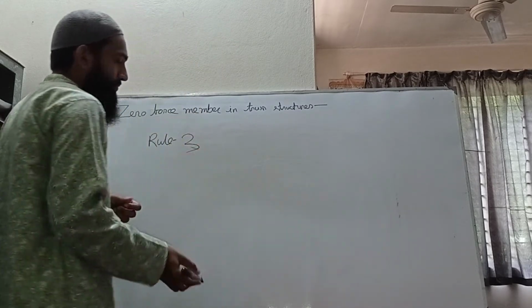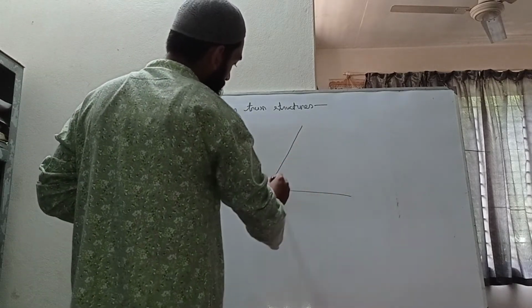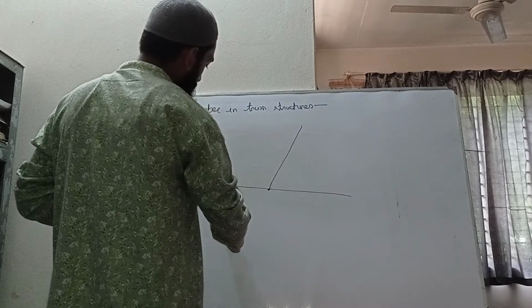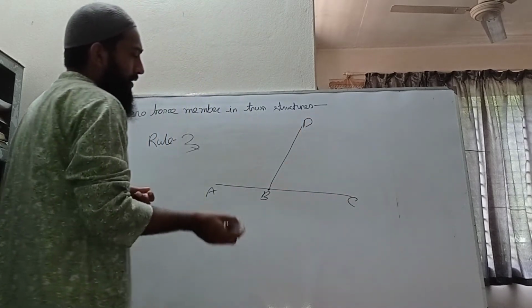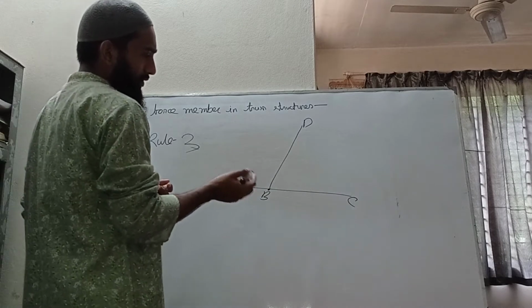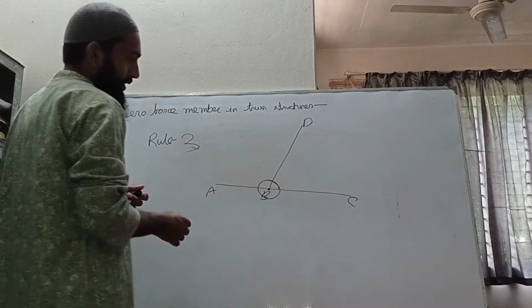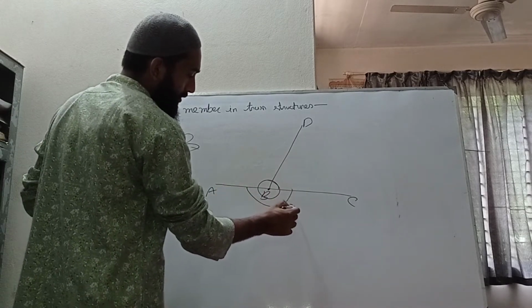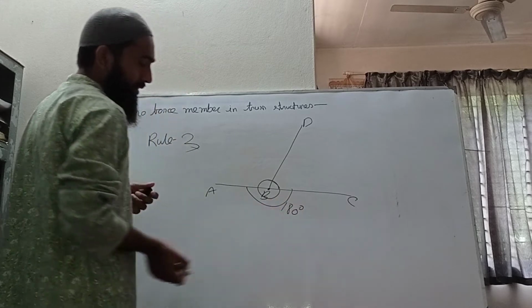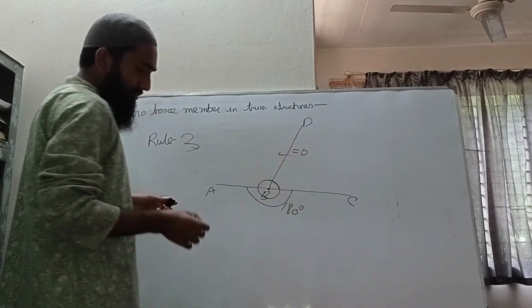Rule 3: if a joint contains only three members, like joint B, and two of the members are collinear, their angle between them is 180 degree, then automatically the third member is a zero force member.